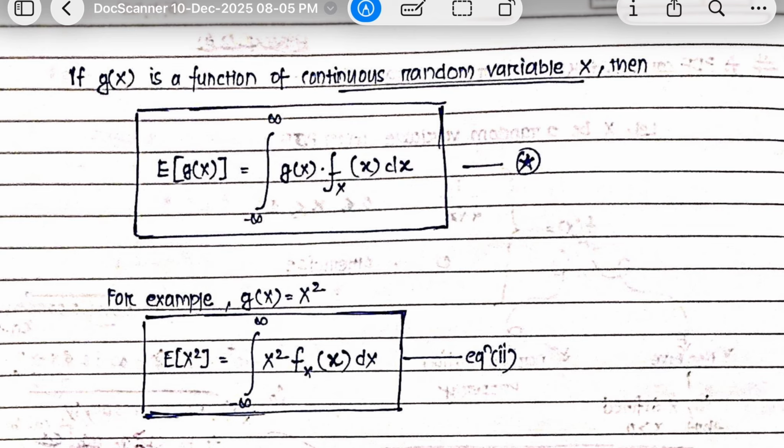This page proves all the properties of the discrete random variable.